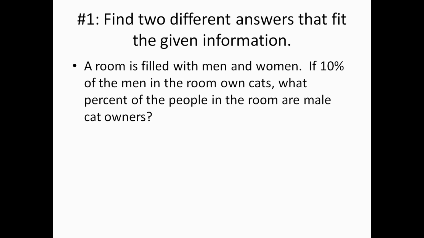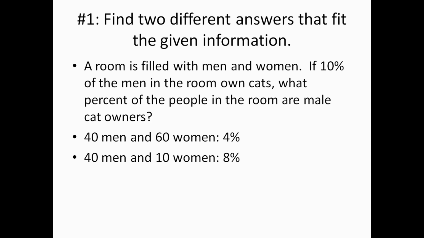So all you have to do is find 2 different scenarios that fit the given information but give you different answers to the question. So for example, maybe there are 40 men in the room and 60 women. And if 10% of the men in the room own cats, that's 4 men who own cats out of 100 people. So 4% of the people in the room are male cat owners.